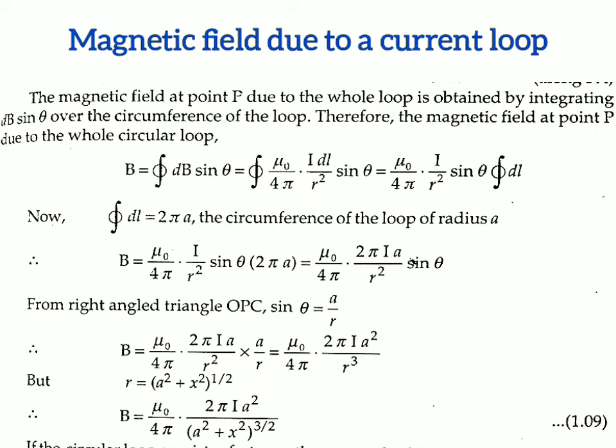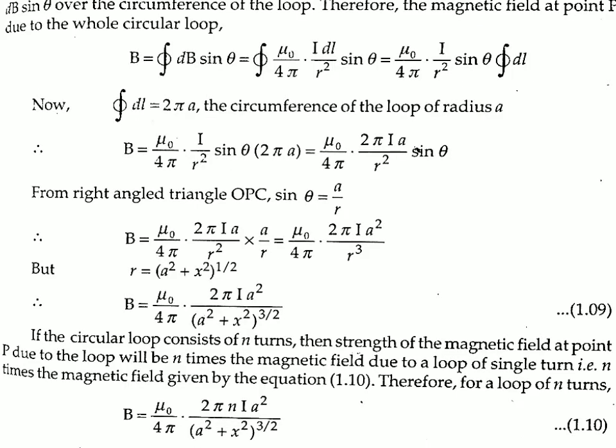So this is the expression for the magnetic field due to the current loop at the point P, which is at a distance x from the center of the loop.